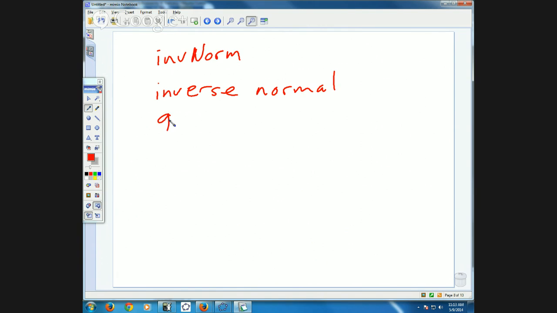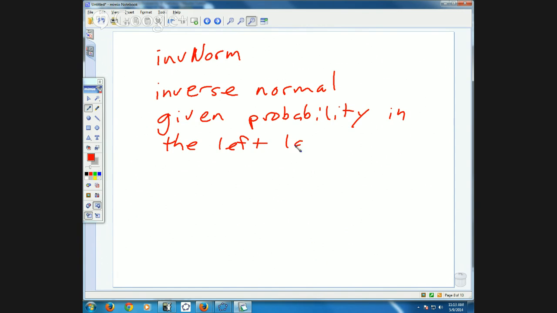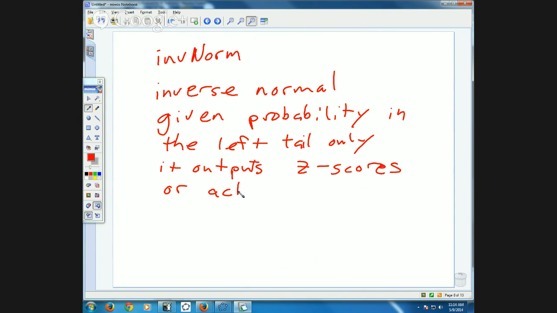And what it does is, given a probability in the left tail only, it outputs either z-scores or actual values.